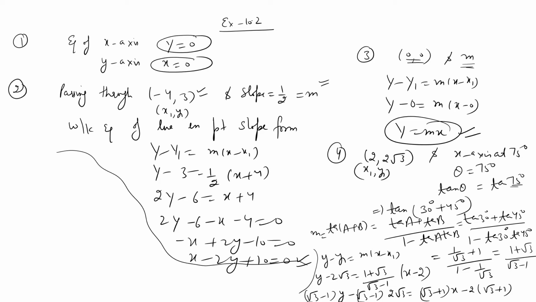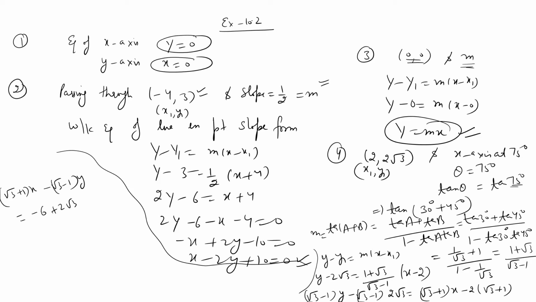So bring it to that side. I will go to the side where x is present, so that no negative sign is there. So minus (root 3 minus 1) times y, I'm taking to that side. And this is equal to, on the other side, minus root 3 into 2 root 3, which is minus 6, isn't it? And then plus 2 root 3.